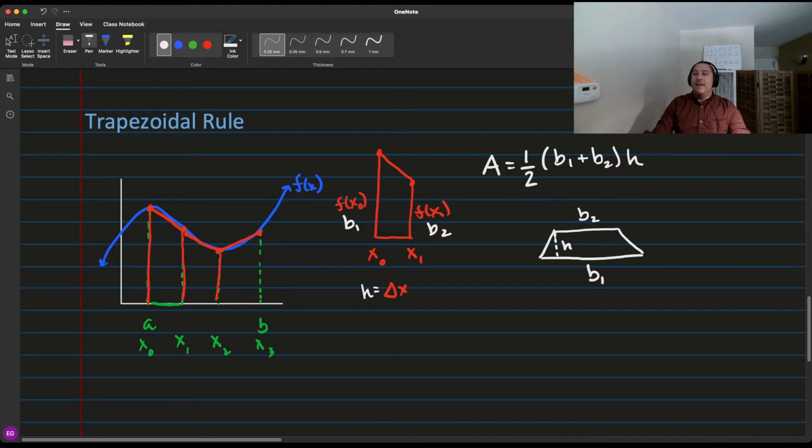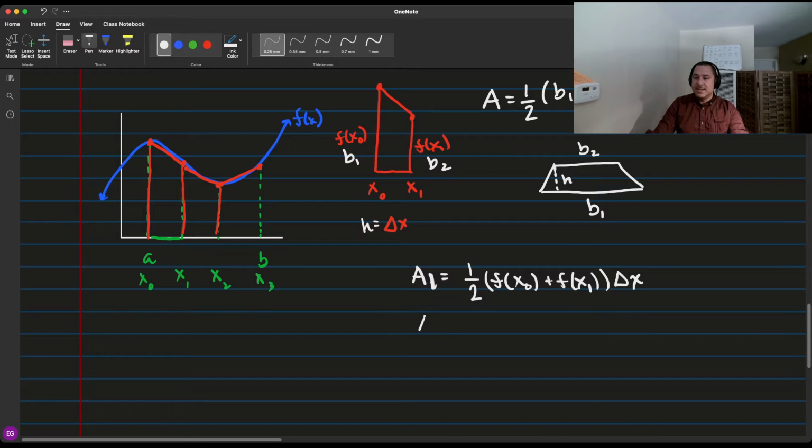So if I want the area of some trapezoid, let's call this A1, the area of the first trapezoid will be 1/2 of f of x0 plus f of x1, times delta x.